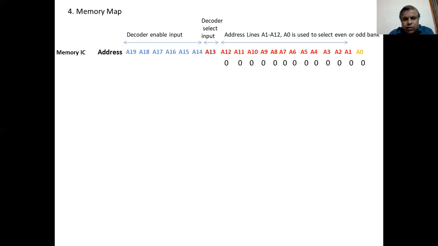The starting address starts from 0. Fill all the bits from A0 to A12 with zeros. The A13 bit is used to select either ROM or RAM: if it is 0, it selects RAM; if it is 1, it selects ROM. And the remaining address pins A14 to A19 are written as 1, all ones, because they are constant. They are used as input to the decoder enable inputs.